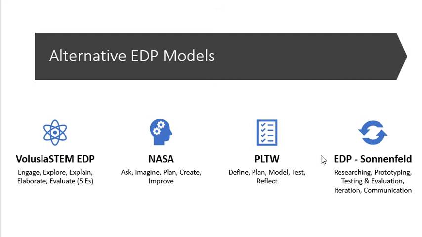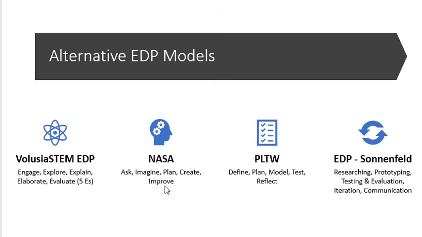But again, it's the same steps, the same information, where you think about the problem and possible solutions, you develop something, you test it, evaluate it, you go back, you rebuild, retest, reevaluate, and then you talk about your results with others. And just like with the Volusia STEM engineering design process, those 5 E's, where you always go back and restart the cycle every time you finish and you re-engage with the problem, re-explore.